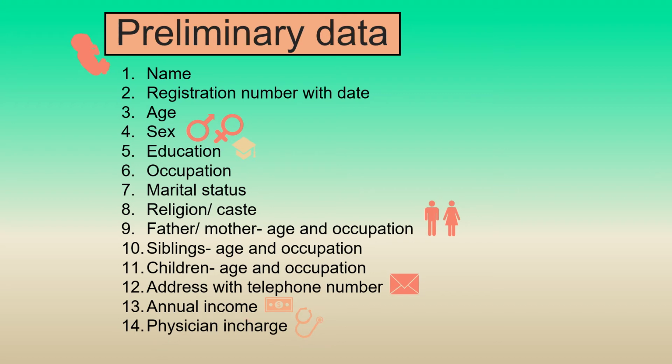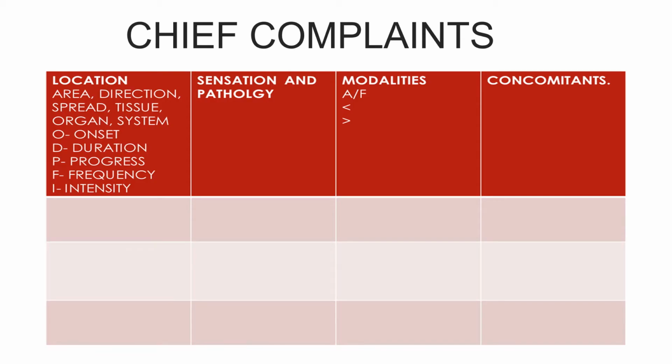Chief complaints. Normally, we will write down the chief complaints under the location, sensation, modalities, and concomitant columns, or we call it the LSMC table. Under location, we will consider the area, direction, spread, tissue, organ, and system that is affected in the patient.